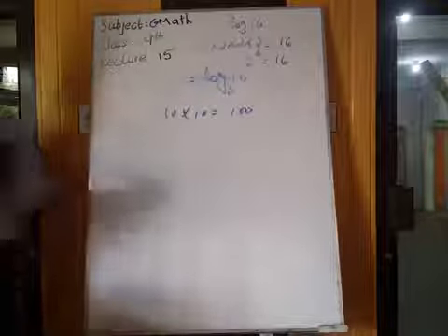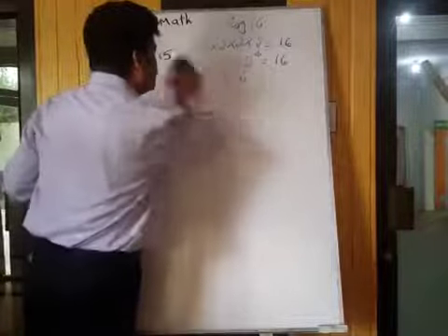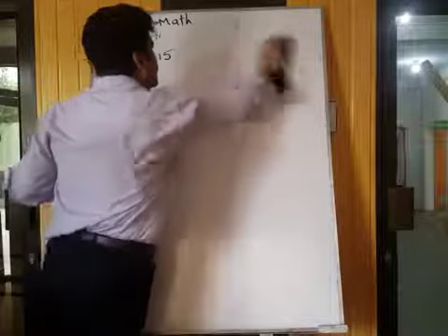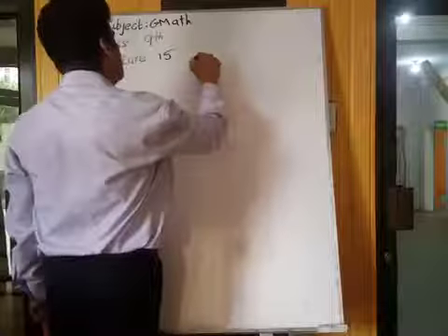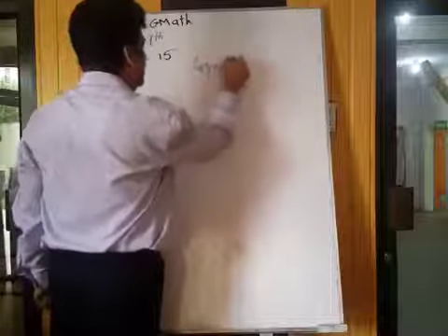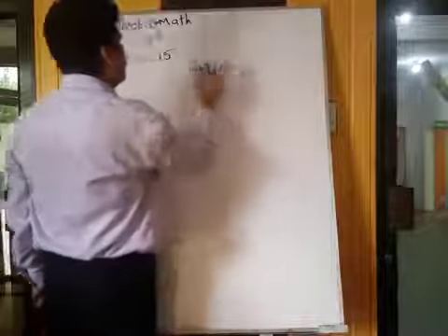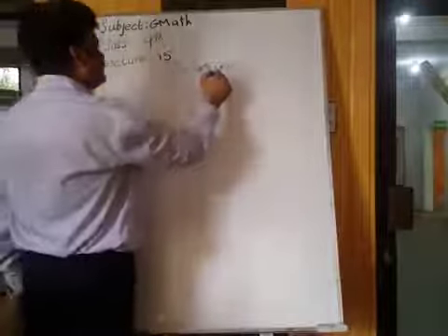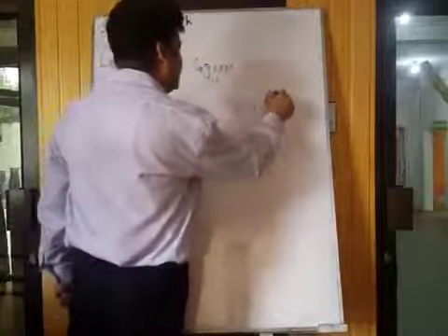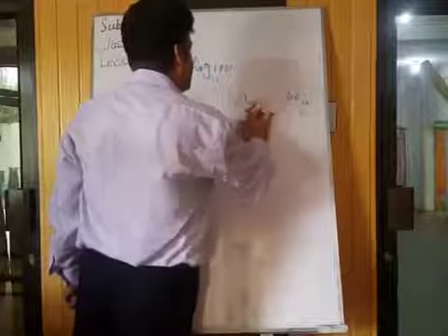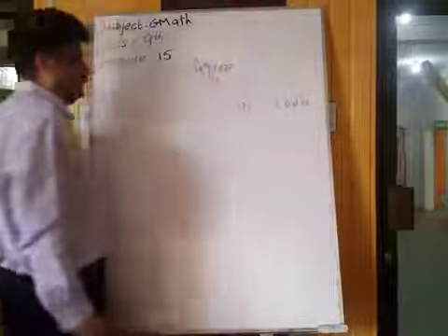We try to understand this by another example. 2 is equal to log of 100 to the base 10. Now we have to find the log of a number which is between 100 and 1000.